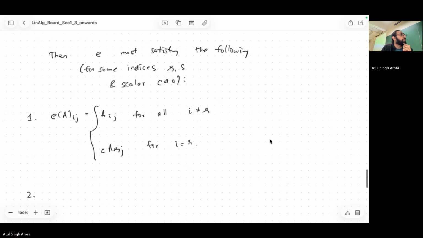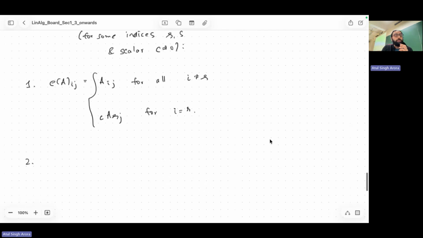Okay. Great. So the second point is that E of A... Okay, so the second point was what? The second point was that when the index i is not equal to r, you're doing nothing, right? And when the index i equals r, what you're going to do is replace it with the rth row, like you keep the same thing, right?